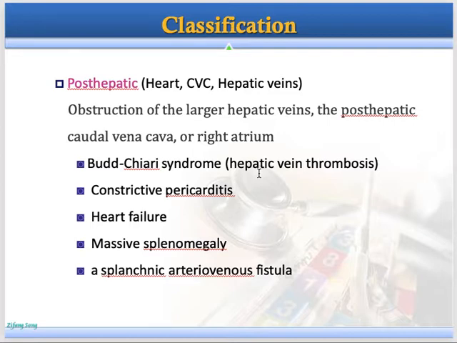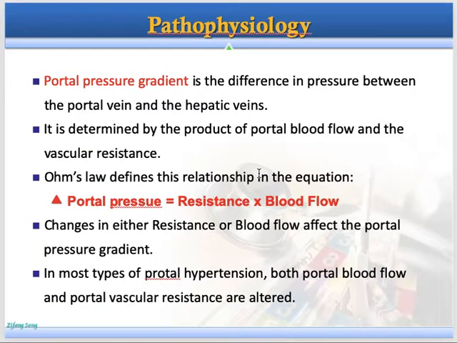Other than that, now they are talking about the pathophysiology in this slide, and you have already covered this topic in internal medicine. I'm sure that if not all, many of you already know the pathophysiology of this thing. The important thing here is to remember the signs and symptoms of portal hypertension, which we'll discuss now.